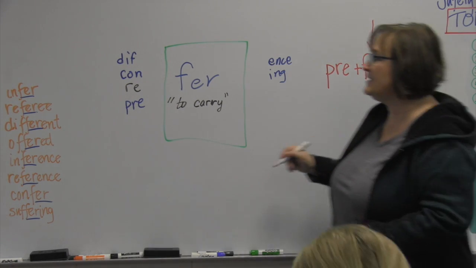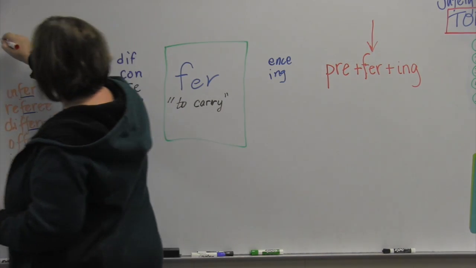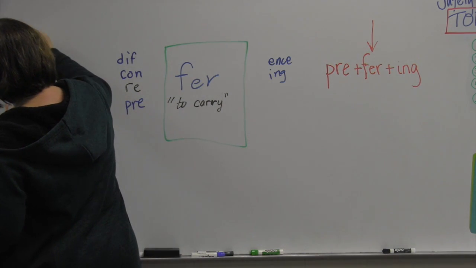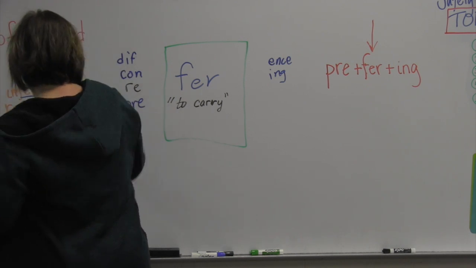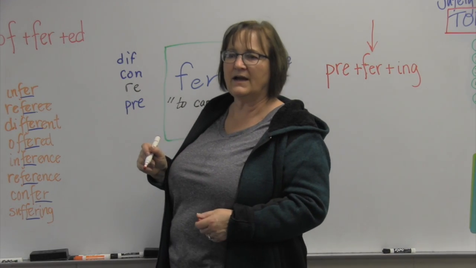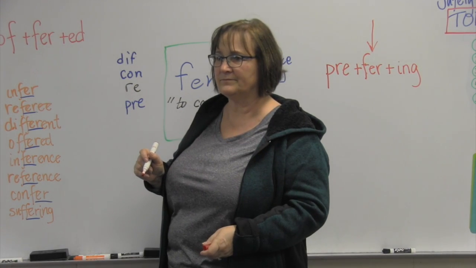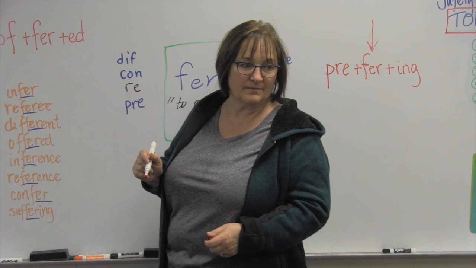So how is this now? Let's look back over here and let's look at one of these. Let's look at offered. Say the word offer. Offer. Okay, call it. Offer. Where's the stress? F-E-R.